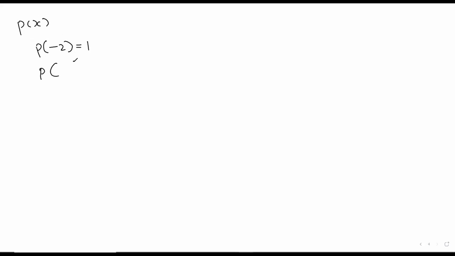And if you replace x with another number, let's say minus 1, then the value of the polynomial becomes 3. If you replace x with 1, you get 0, the polynomial becomes 0. And if you replace x with 2, then the polynomial gives you a value of 4.